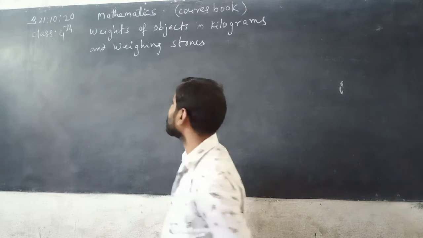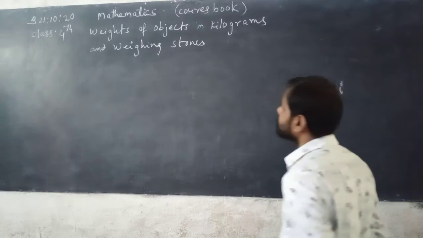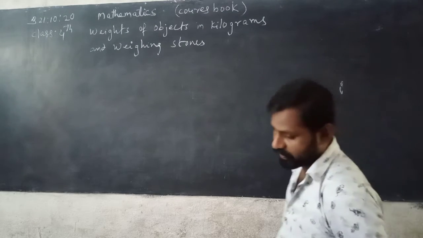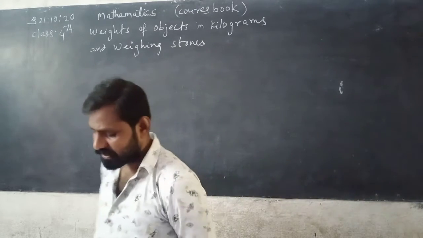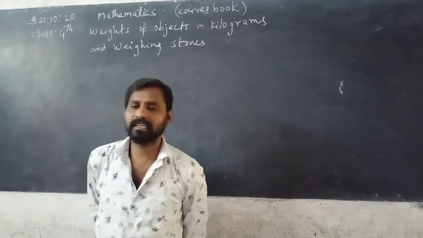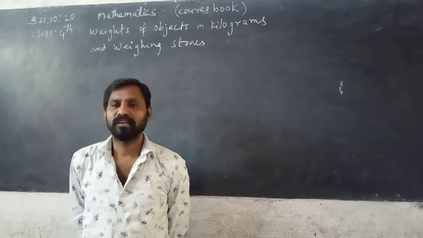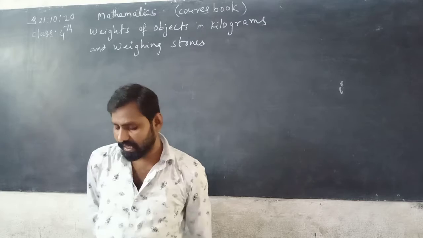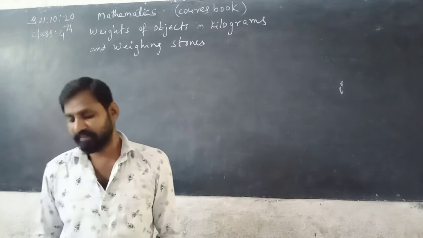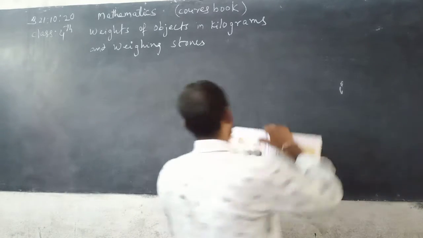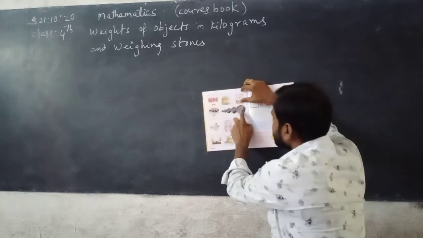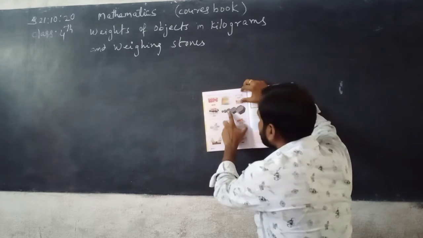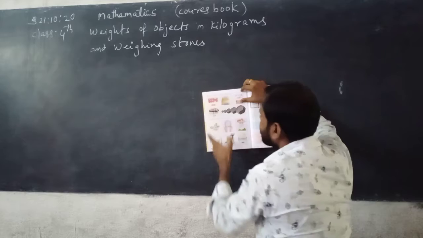See here, weights of objects in kilograms and weighing stones. Weighing stones like 1 kg, 500 grams, 200 grams, 100 grams and 50 grams.